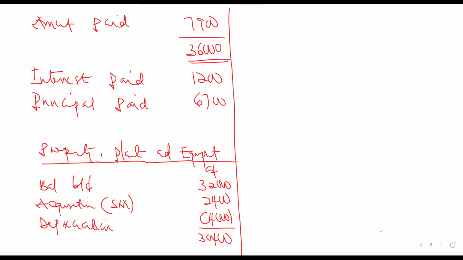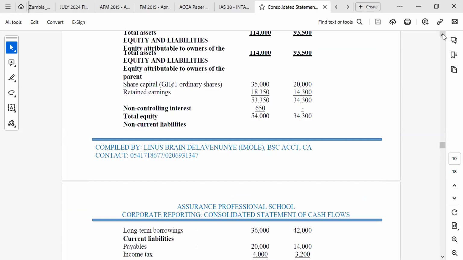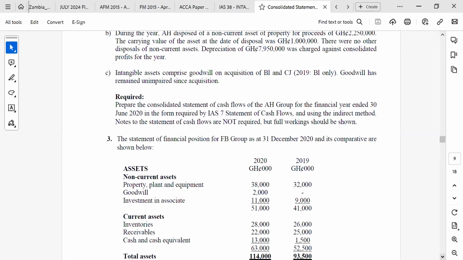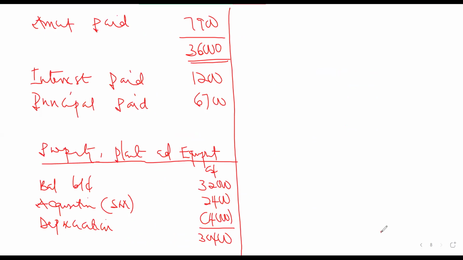But how much is the closing balance given to us? Okay, so the closing balance is 38,000. So it means that we have acquired what? So there are additions of the PPE by how much? That will be 38,000 minus 34,400.